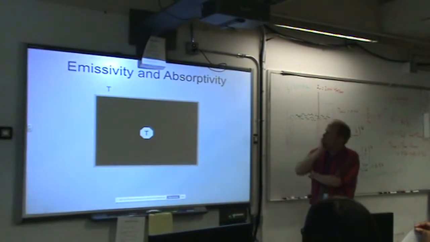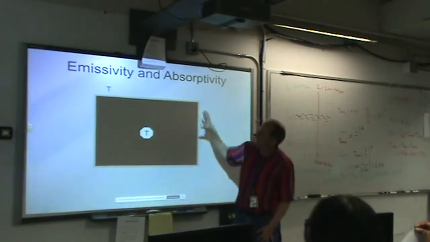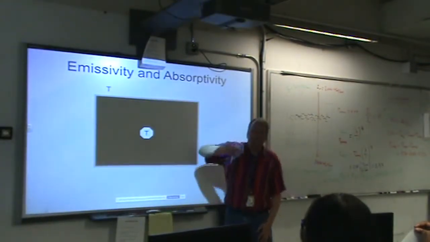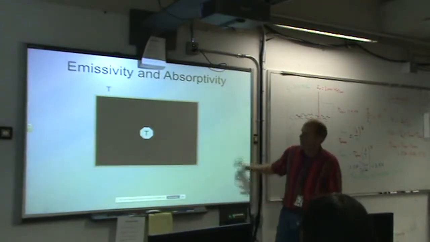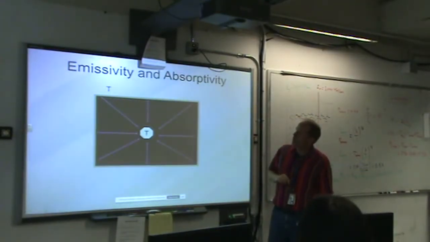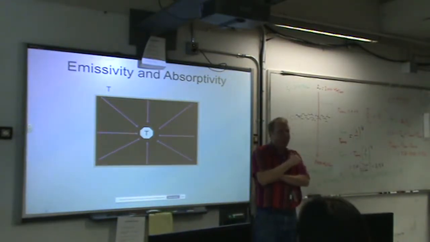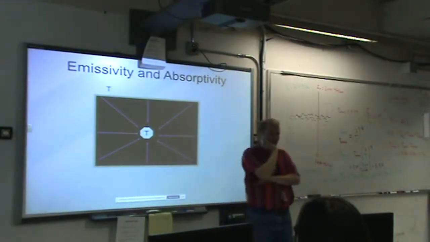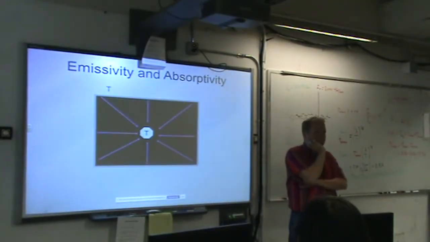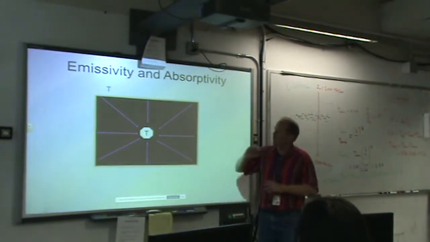Now, one thing that's very important here is if I have an object inside the cavity, this case here is at one temperature and the object's at the same temperature, they are in equilibrium. So the surroundings are radiating at that object. If it's staying at the same temperature, what can we say about the outgoing radiation? The same. It has to be the same to be in equilibrium, okay?